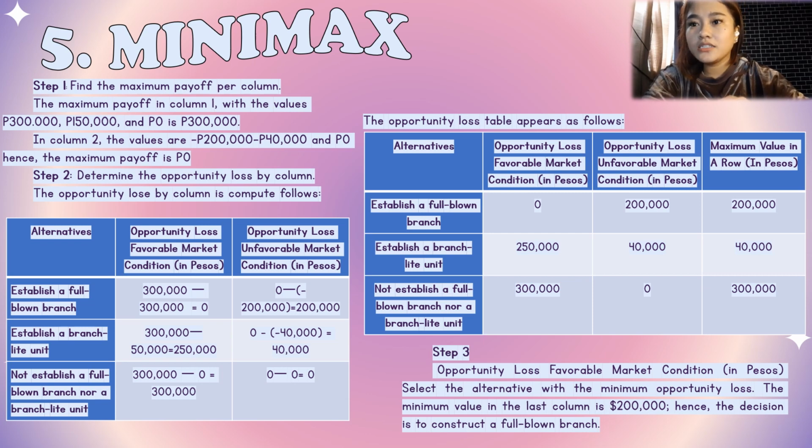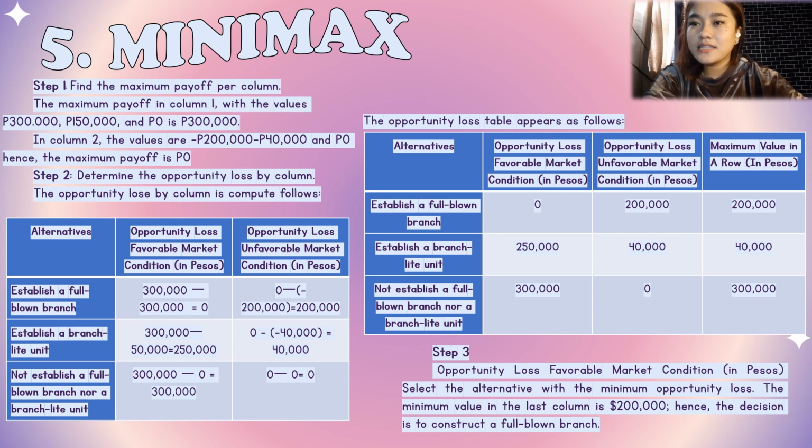So, alternative 1 is establish a full-blown branch. 300,000 less 300,000 is equal to 0, and 0 less negative 200,000 is equal to 200,000. The next is establish a branch-like unit. 300,000 less 150,000 is equal to 150,000, and 0 less negative 40,000 is equal to 40,000.